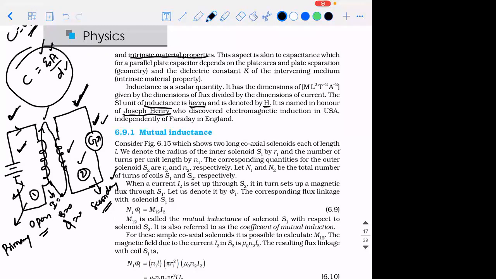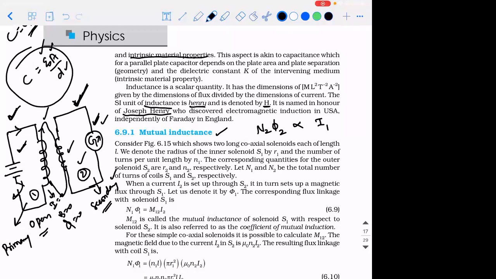Now we need to understand what mutual inductance means. It is a slightly tricky one. Observe this. Can I say that the flux linked with the second coil, the number of turns in the second coil multiplied by the flux through each turn, is directly proportional to the current in the first coil?